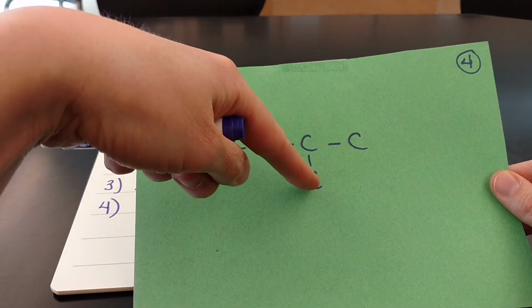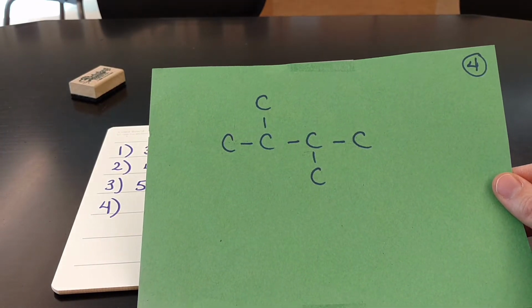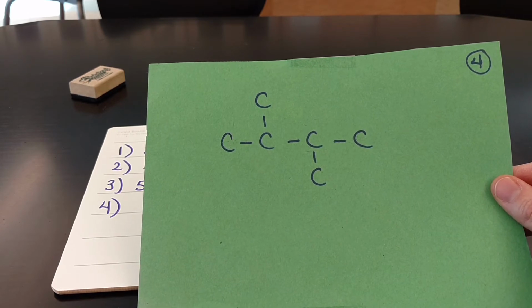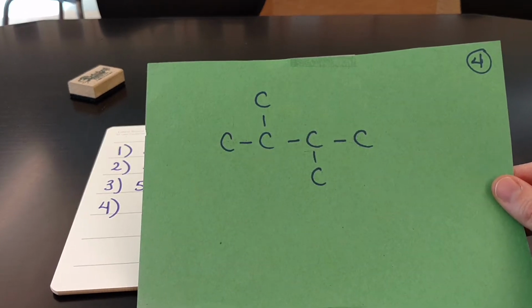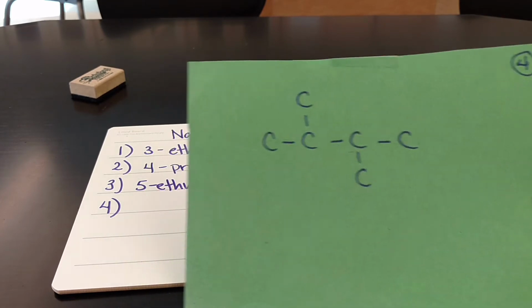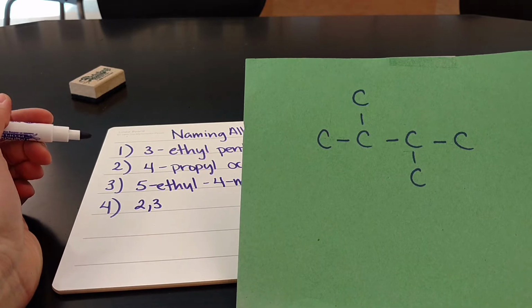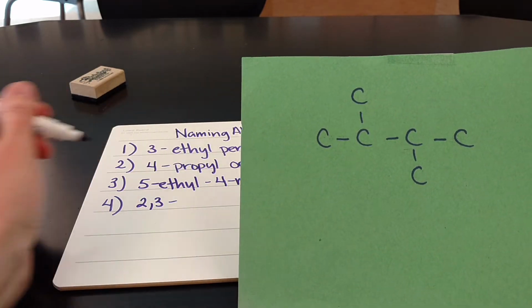They both have a single carbon, so they're both methyls. Now remember, with duplicate branches, you don't name them individually. You combine them and give them an additional prefix. So, location of the branches, 2, 3, because they're the same. I'm combining them into this part of the name.